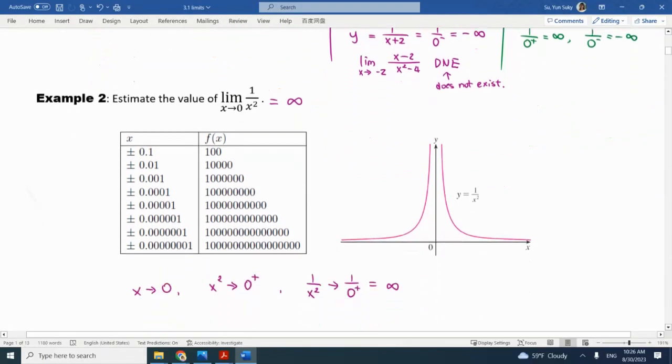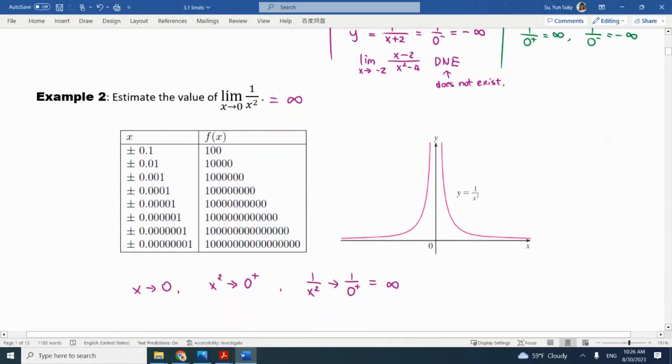All right. And here you can see when you compute the limits, you can look at the formula, or you can look at the graph, right? Or you can construct a table. See, x goes to 0. Let x be plus or minus 1. Let x be plus or minus 0.1. It's smaller, smaller, smaller, right?